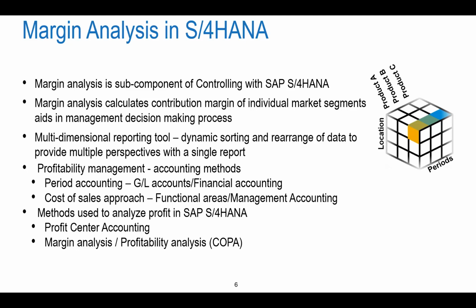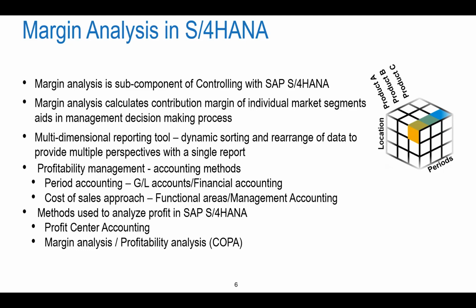All this you can do through periodic accounting. Whereas the cost of sales approach is merely a cost accounting procedure used within management accounting. It uses cost of sales by areas like marketing, product research, and product development. So you create functional areas and then use that approach, mostly used in cost-based COPA.